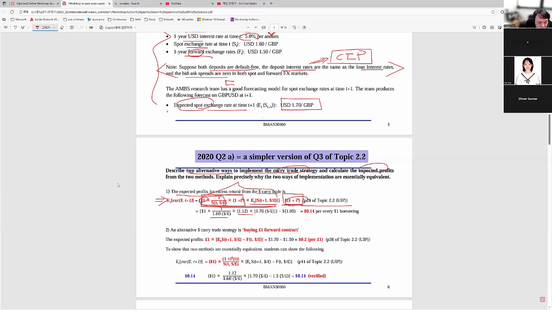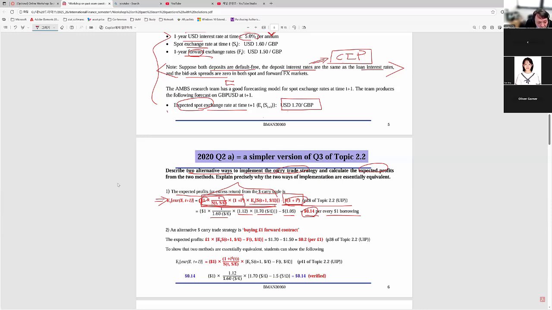Expected future spot exchange rate is $1.7 per pound. And dollar interest rate is 5%, as given. So by computing this, you get $0.14 for every $1 borrowed. So remember, here we are implementing dollar carry trade by borrowing $1. So this is the profit per every $1 borrowed.